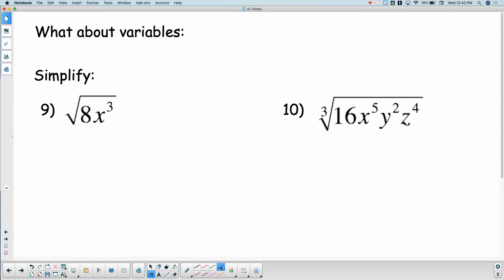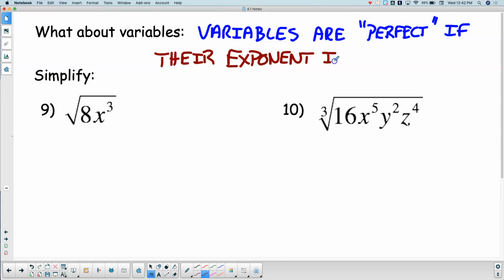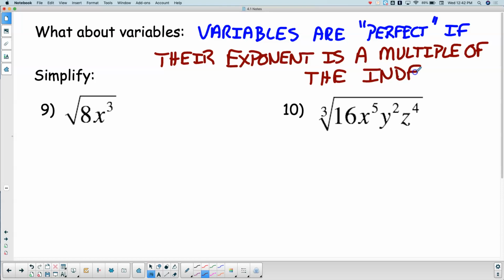The index of 2, that would be x squared.